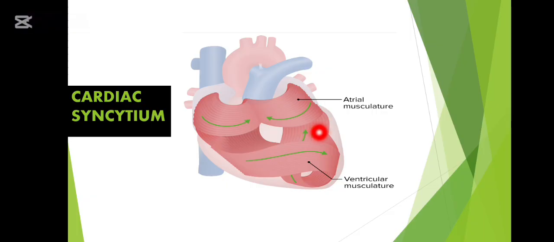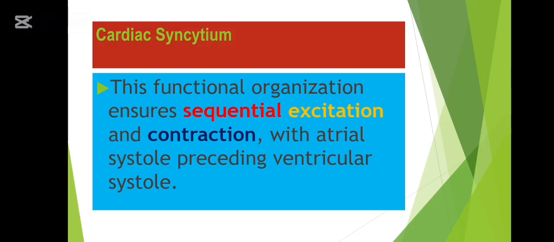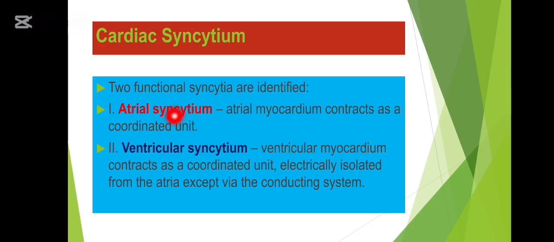When the ventricles have received blood, at this point, they should not contract. They should relax to receive blood from the atria. Once they relax, that's when they can now push blood. It's simple. So the atrial myocardium contracts as a coordinated unit first, followed by the ventricular syncytium.